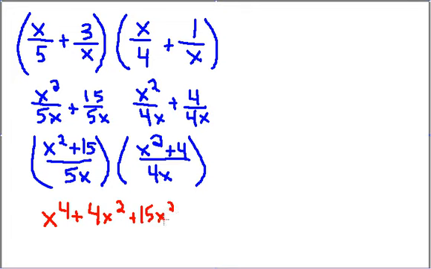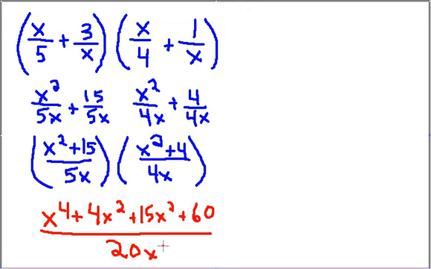And then our last, 15 times 4, is going to be plus 60. That takes care of our numerator. Now we come to the denominator. 5x times 4x is 20x squared.